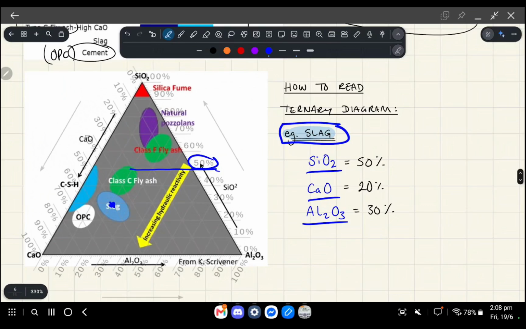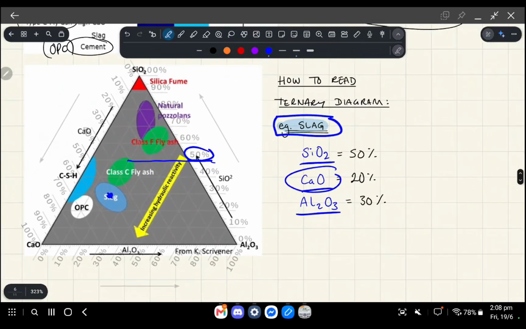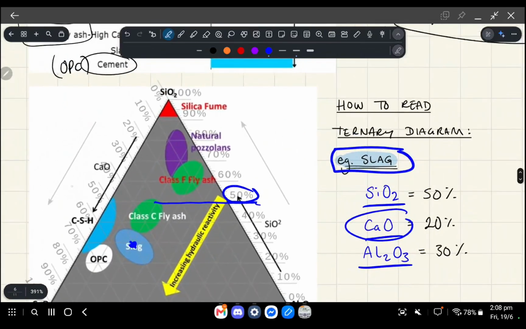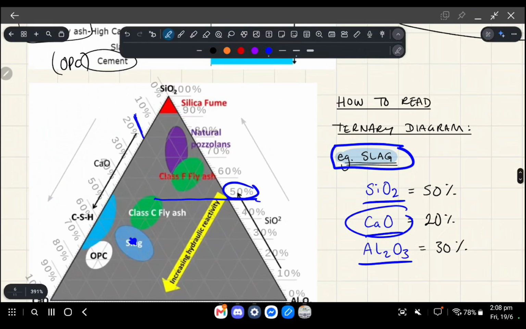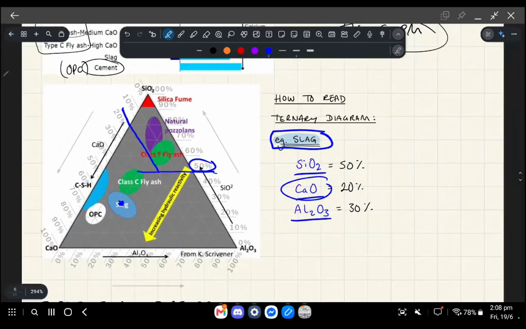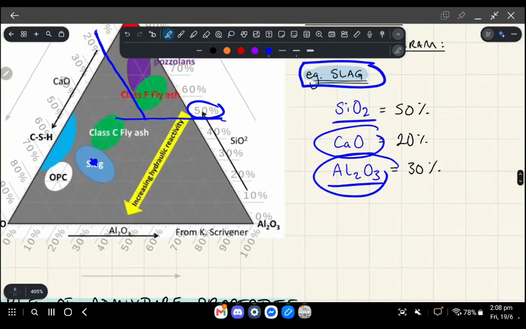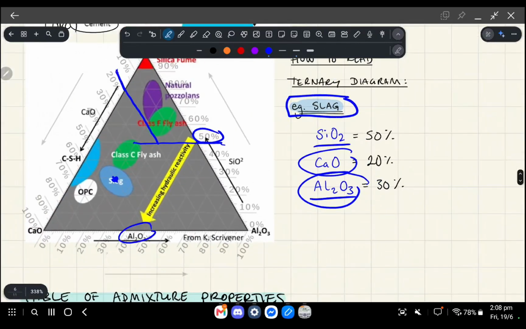For CaO, we care about it going this way, and it's at 20%, so over here. And for Al2O3, that's this one. We care about it going this way, so 30%. So we've reached this point here.